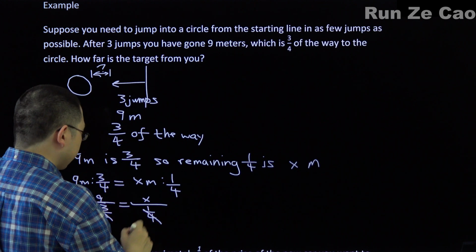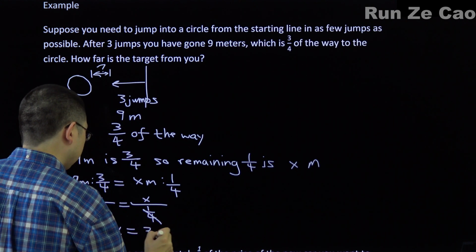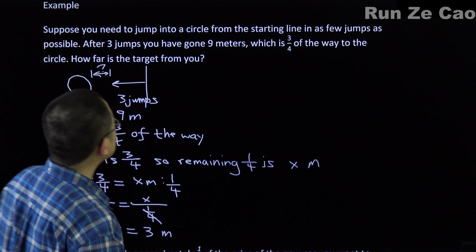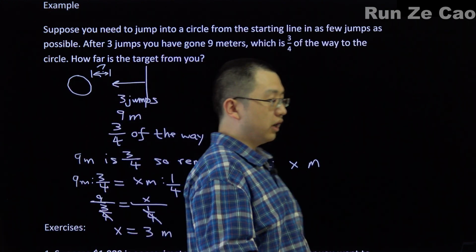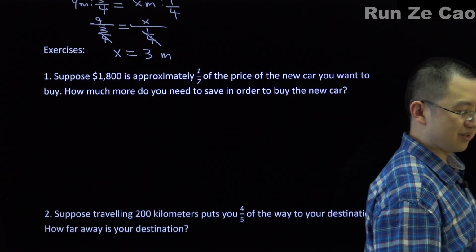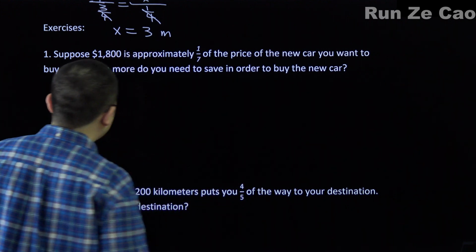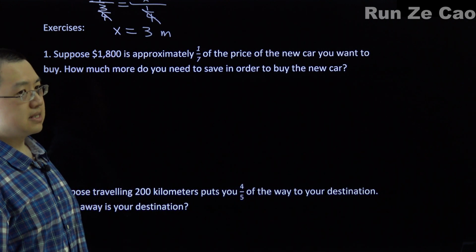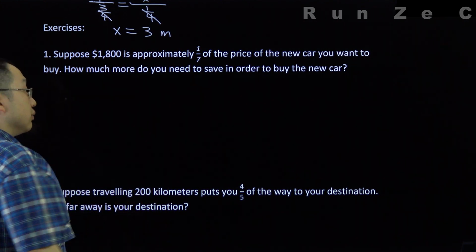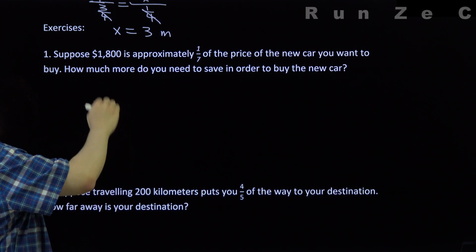Well, 9 over 3 is equal to x over 1. x is equal to 3 meters. You are 3 meters from the target, or 1 jump, depending on what unit you prefer. Of course, I might have shown a few more steps than strictly necessary there, but the point remains that drawing a diagram is occasionally actually useful.